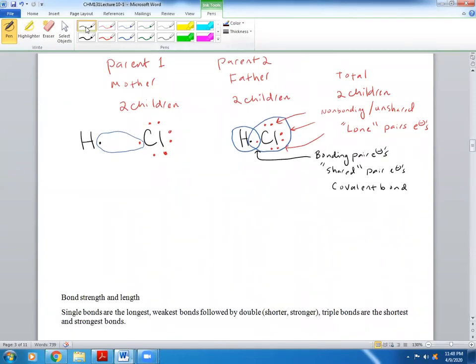How do they look? Can we just use dots forever? No. Luckily, we have another way to shorten this. So here's what we're going to do.